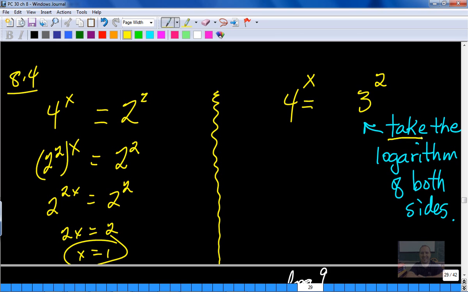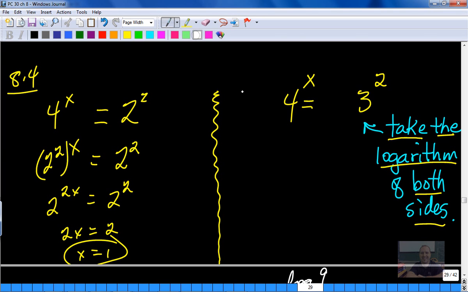We are going to take the logarithm of both sides. It's like an operation: when solving equations, we can add something to both sides as long as it's the same thing, or divide both sides by the same thing. Applying the logarithm to an equation works as well.